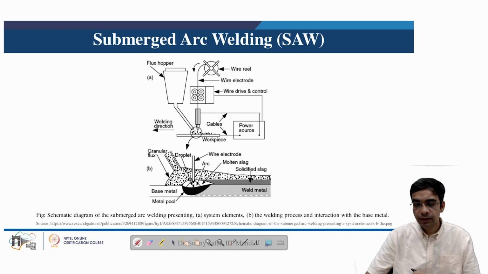Upon solidification, we generate the solidified weld metal. On top of it, the molten slag is also available in the form of solidified slag, and since the arc is submerged in the slag, there are very few chances of any oxide inclusion. Submerged arc welding is known for high metal deposition rates with consistent quality of the deposited material.